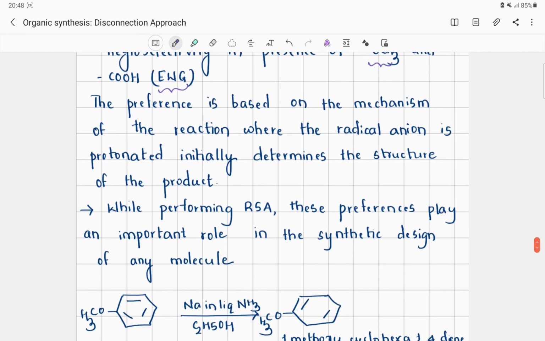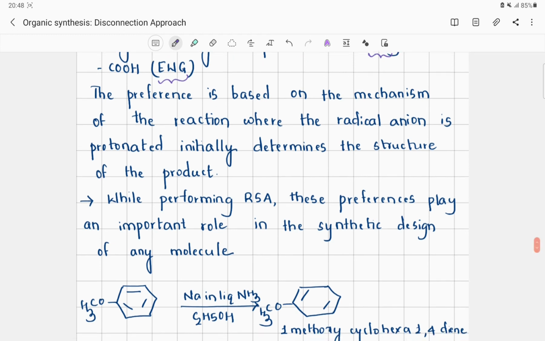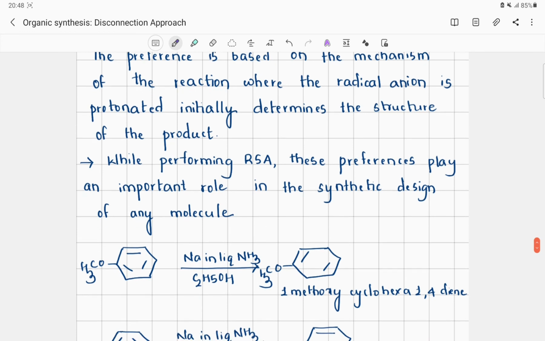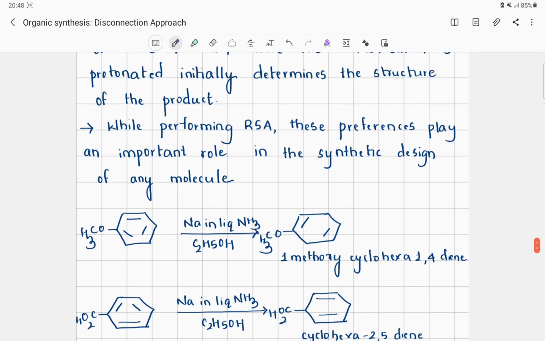While we perform retrosynthetic analysis, these preferences play an important role in the synthetic design of any molecule. When we design any synthesis, we also have to pay attention to whether the substitution on the benzene is electron donating or electron withdrawing.